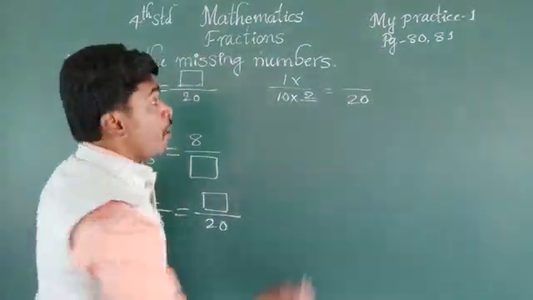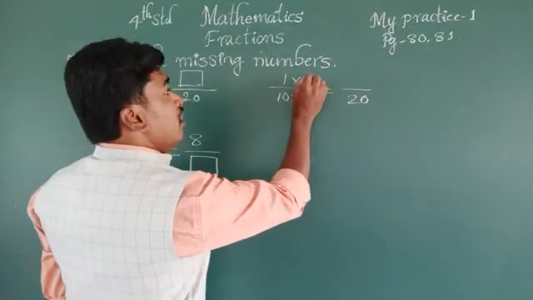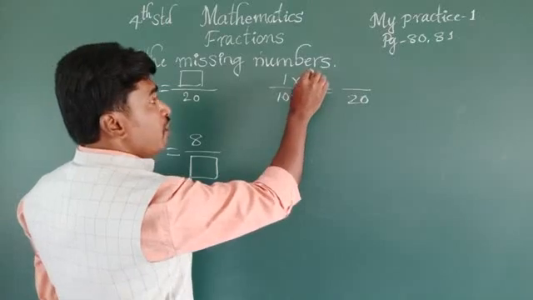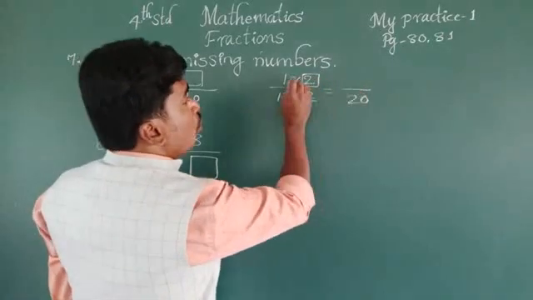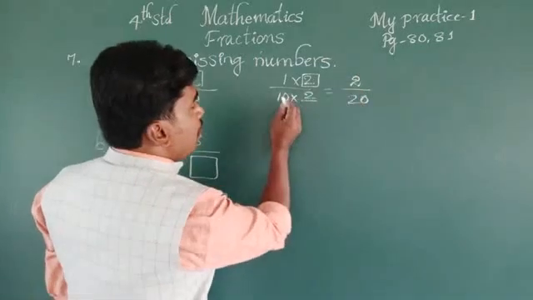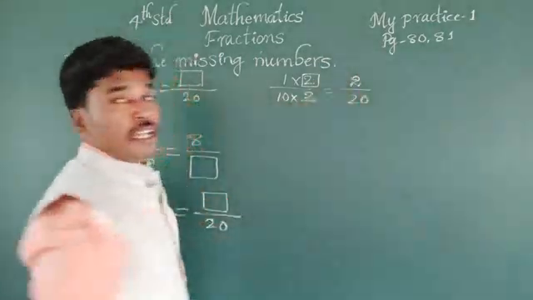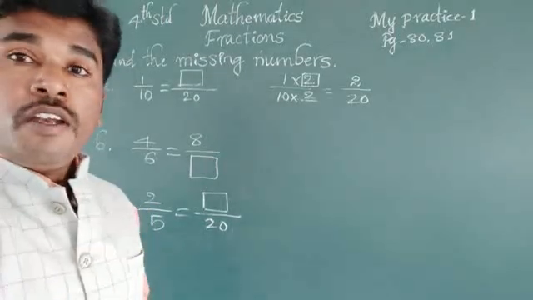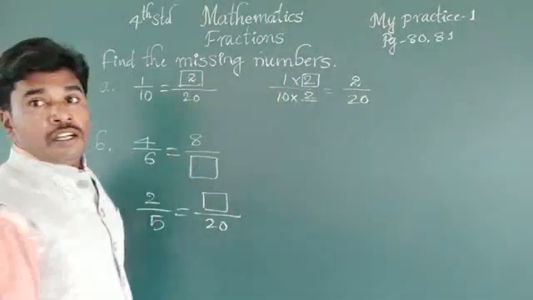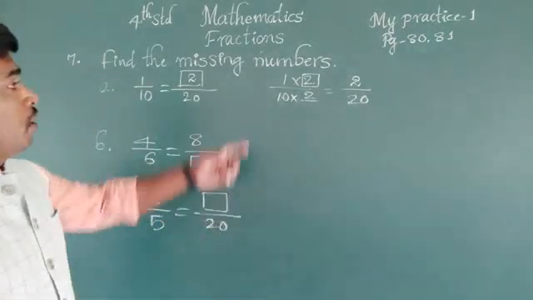With the same number, you multiply in the numerator. 1 into 2 is 2, and 10 into 2 is 20. So what is the missing number, dear children? It is 2. Did you understand?